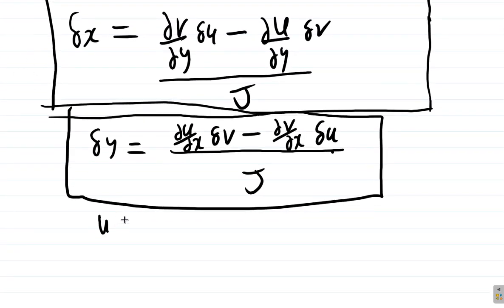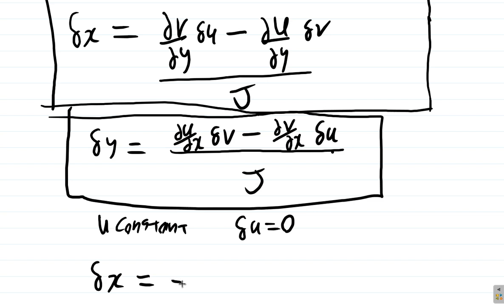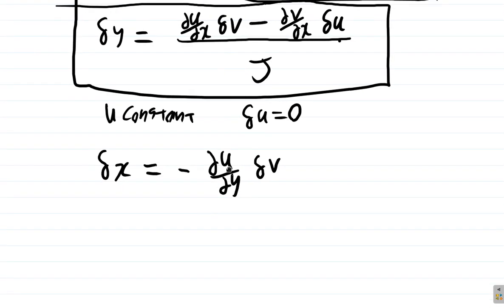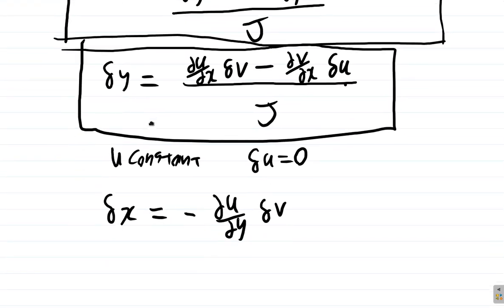U is held constant, so the change in U equals 0. This would be 0, so the change in X equals negative delta U by delta Y times the change in V over the Jacobian.